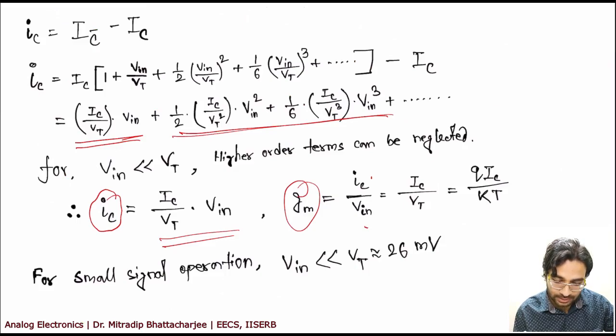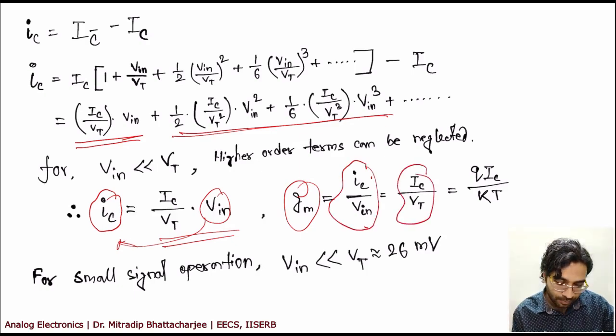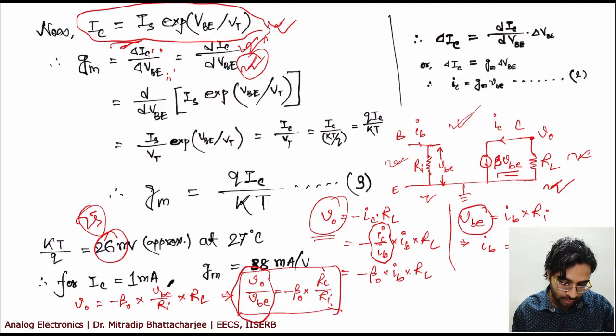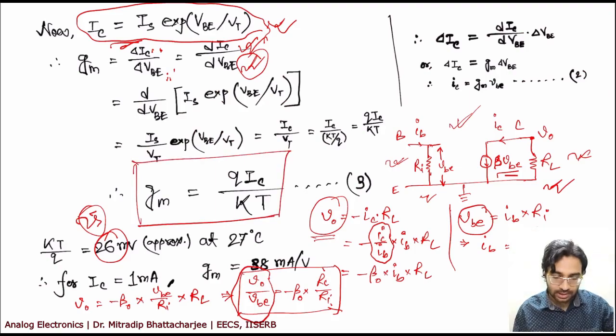Now replace this I_C. If you take the V_in to this side, you will get I_C by V_in is actually I_C by V_t. Now replace the value of V_t, which is kT by q. You get again g_m equal to q I_C by kT. That is what you got here also: g_m equal to q I_C by kT.